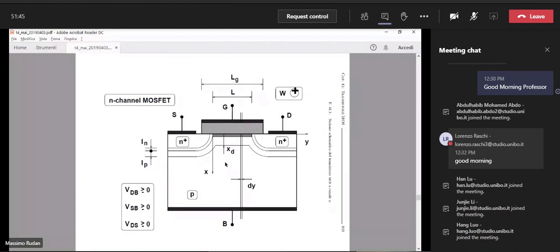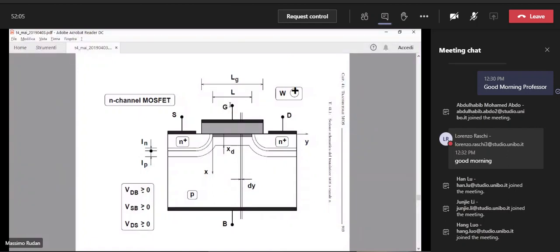Now, assume that the gate contact is biased with respect to the bulk contact with the voltage that is positive and large. How much?